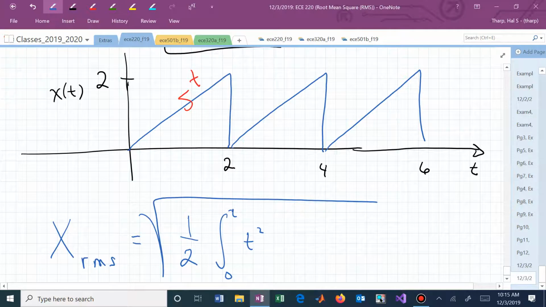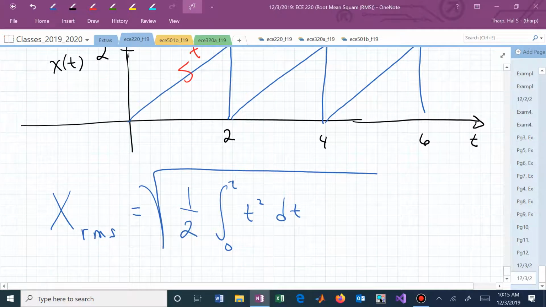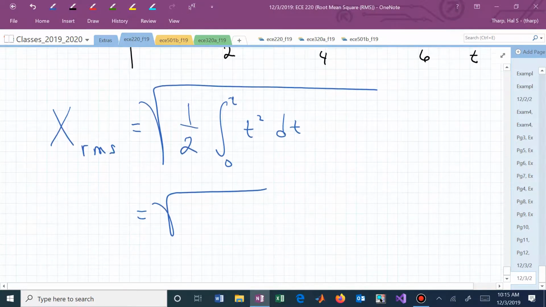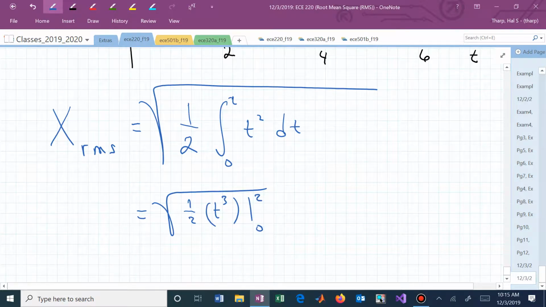The functional form is t, so now we have the square root of 1/2 t cubed from 0 to 2. And can't forget our 1/3 as a result of the integration.